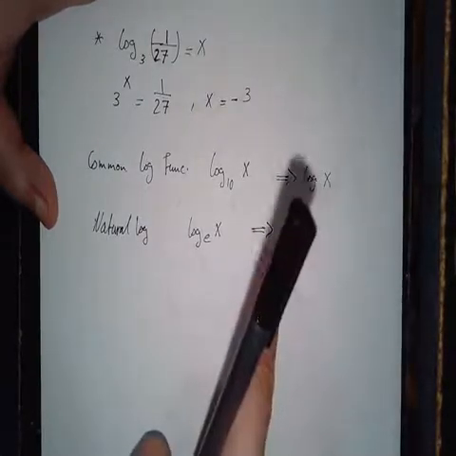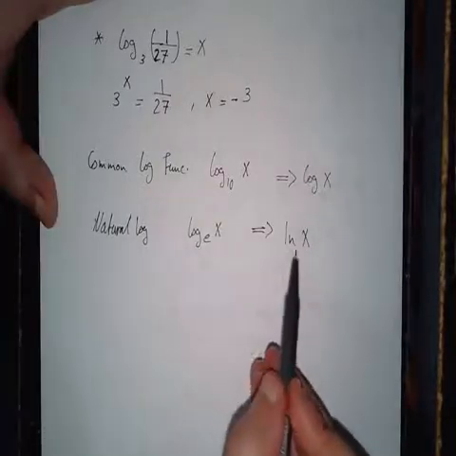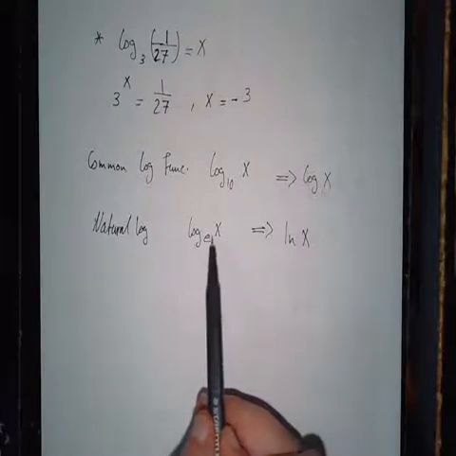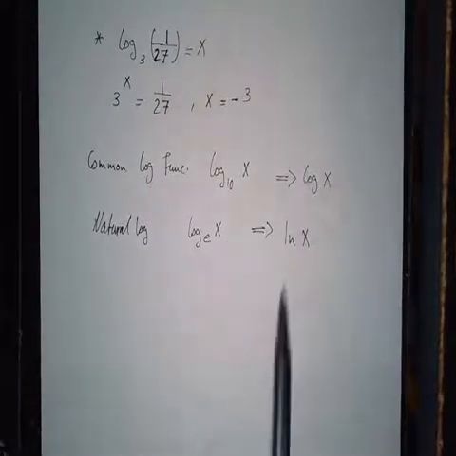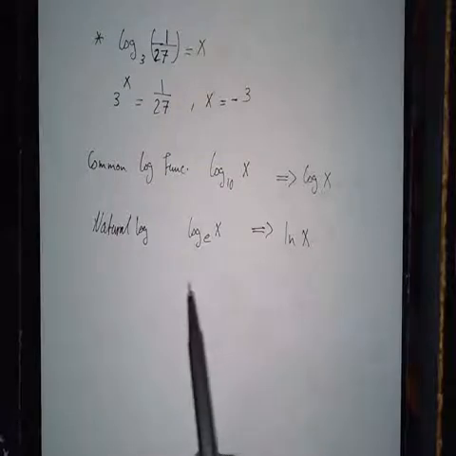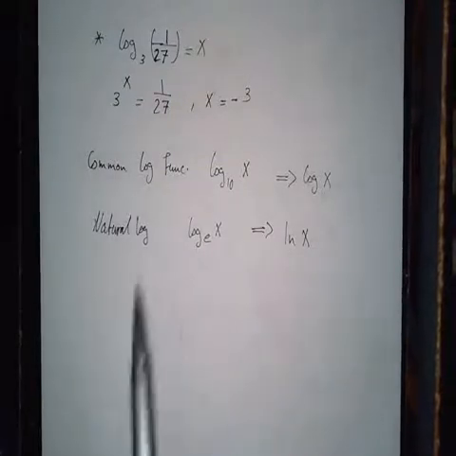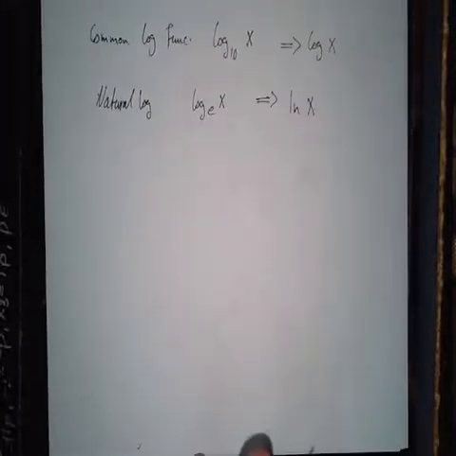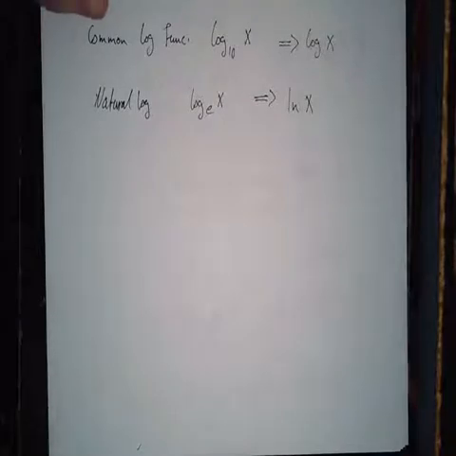So whenever you say this, ln, I'm talking about the natural log. The log of this base is e. Alright? Log of no base is log base 10. When you see ln, that's log base e. Alright? Now, let's do a few examples to practice.